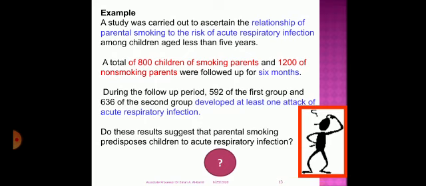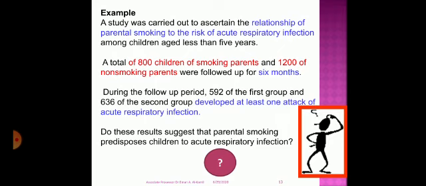And then in this study, it involved 800 children where the parents are smokers, and 1200 children of non-smoking parents, and we are going to follow up for the winter, for example, for 6 months. And then we are going to find how many children whose parents are smoking develop respiratory infection, and compare to the other group.